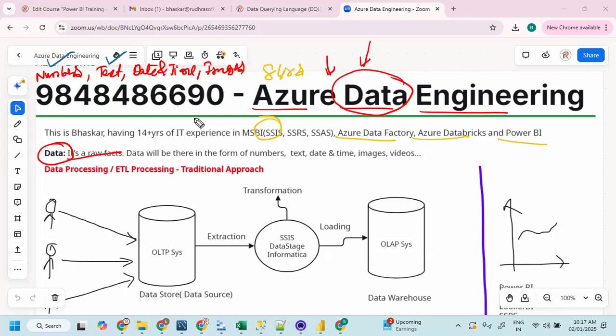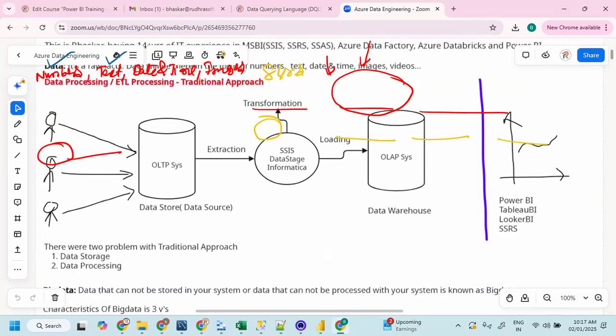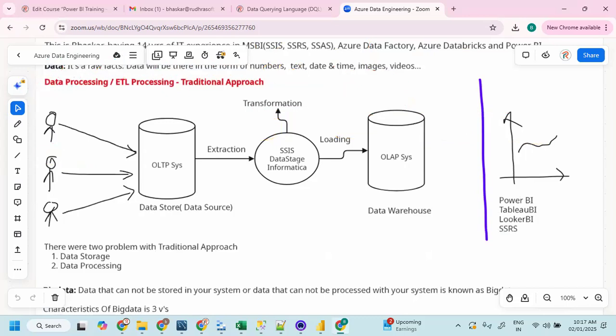So if you take this one, I mean to say, I'm having a business system here. How exactly did the traditional systems used to process the data? If you take any business, if you take Amazon, we're all aware of how to order a product from Amazon. We're all aware of how we can make transactions in banking. Whatever the business it is, they're going to have a business application.